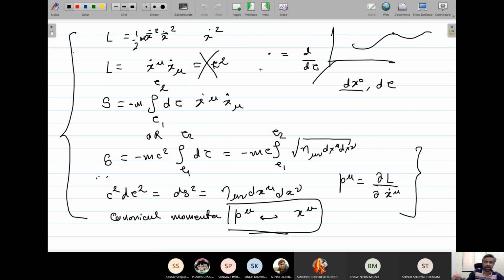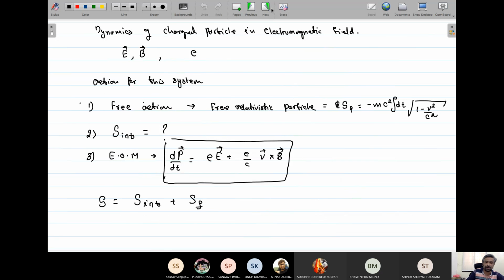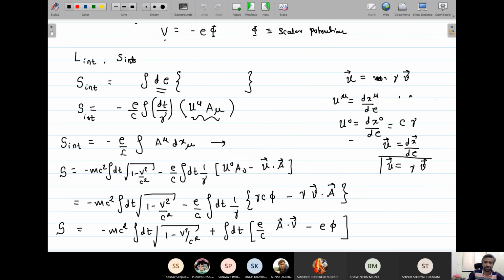So the free part will be this, and the interacting part will be given by this. That will give me the manifestly Lorentz invariant Lagrangian or action. But we have written it in coordinate time, so we don't. But still my action is Lorentz invariant. That is the important point. Although I have written it in this form, my action is still Lorentz invariant. Is it clear?